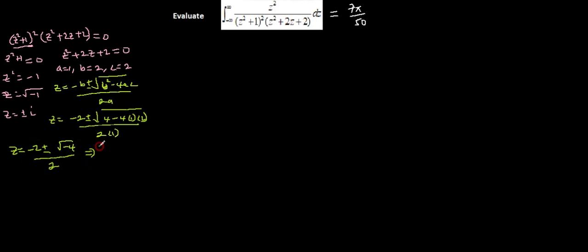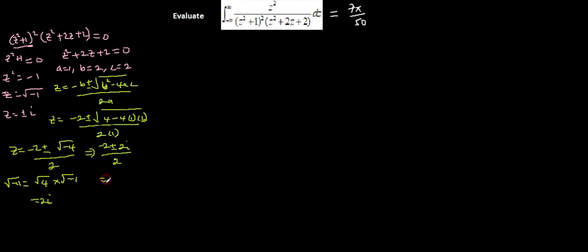Square root of minus 4 is the square root of 4 times the square root of minus 1, which is 2i.